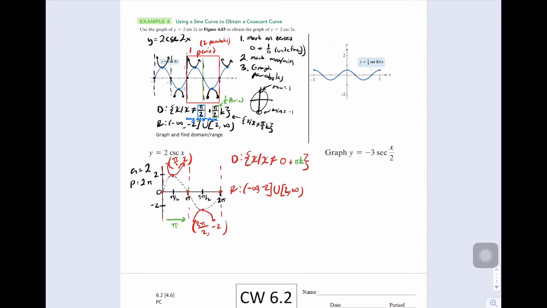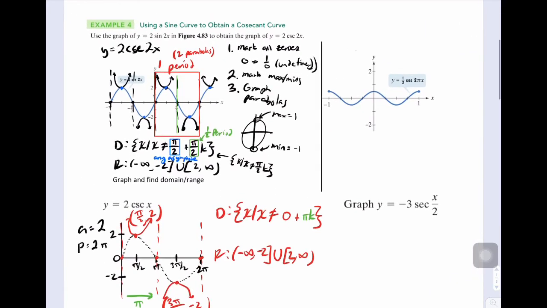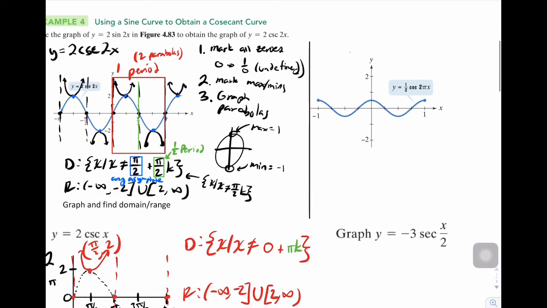So we're doing the exact same thing with cosine now. So steps are similar. Mark the zeros. And notice how our goal is going to be graphing y equals 1/2 secant 2 pi x. The zeros become asymptotes, like that.